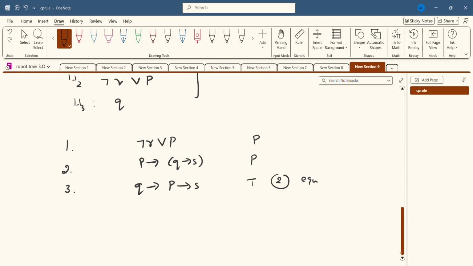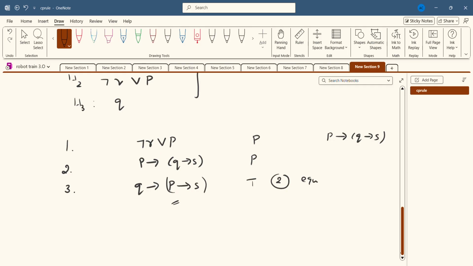So how are you going to derive Q conditional, P conditional S from P conditional, Q conditional S? See, from the second statement itself I can derive this result. So see the board, P conditional, Q conditional S, here I am going to apply equivalence involving conditional.